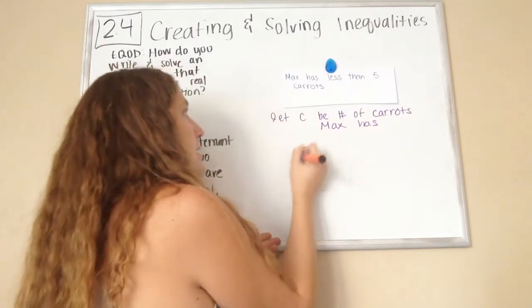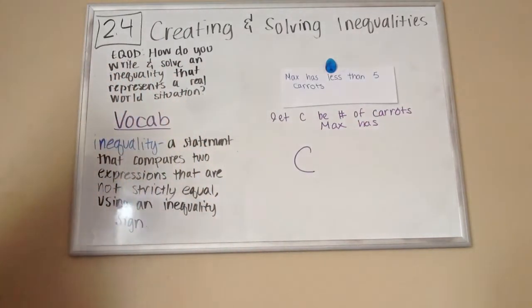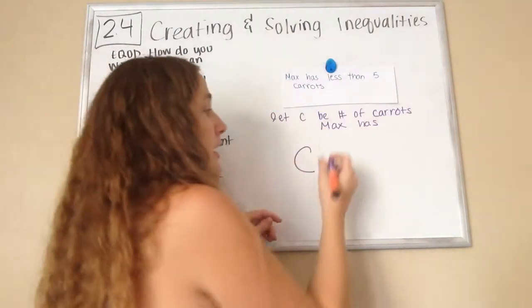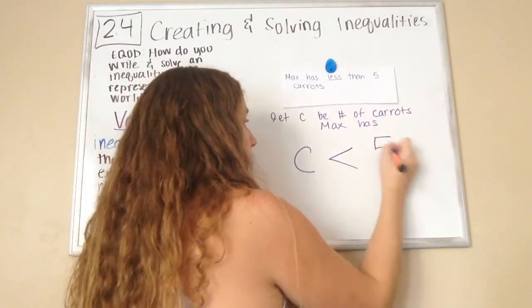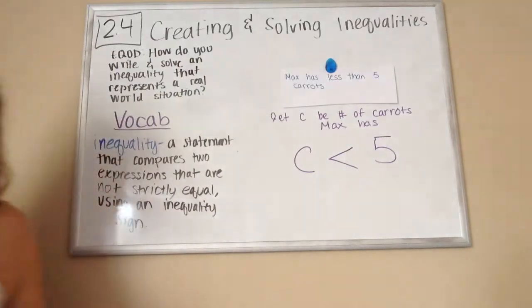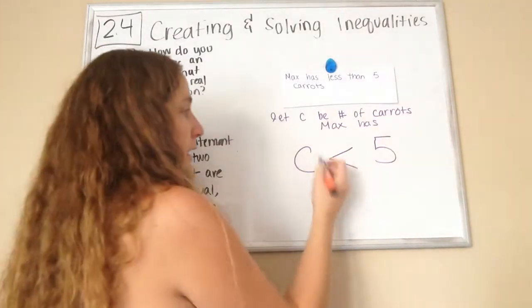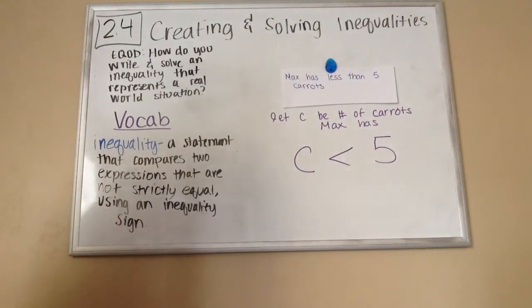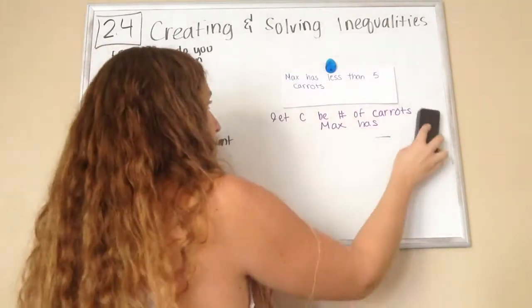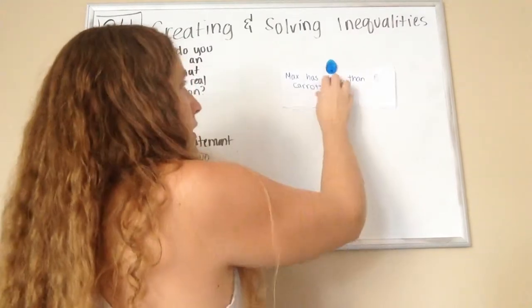Okay, and we know that C is less than, so if you look in your chart, less than 5. And that's it, just like that. So if it's less than, this is what the symbol's going to look like, 5. Perfect. Alright, one more example, and then I'm going to have you guys do some on your own.